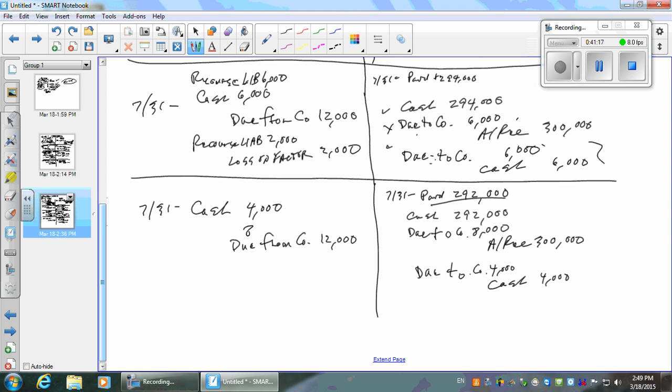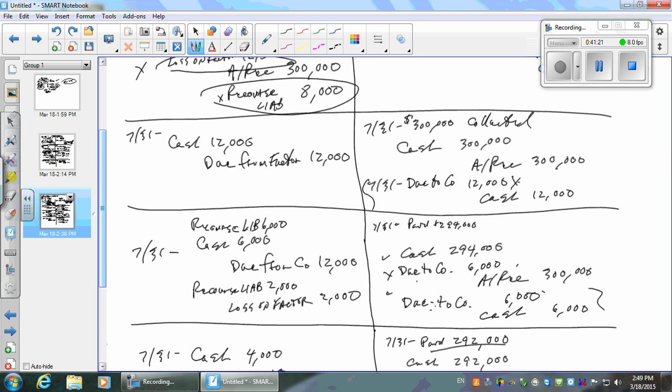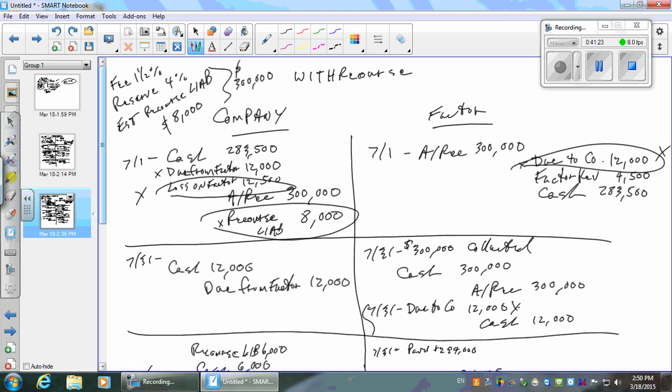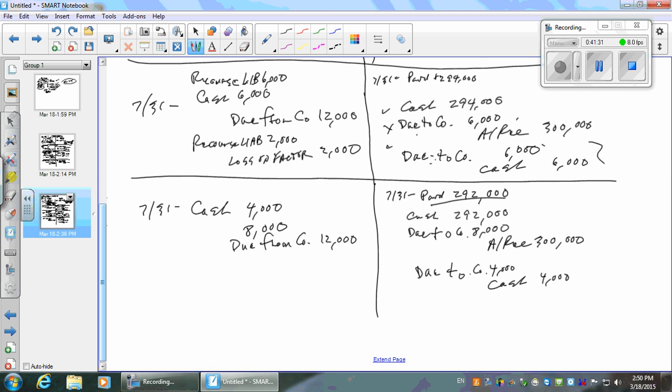I need 8,000 or something. What did I have for 8? Recourse liability. So it says 12 is going away and this 8 is going away. Really the difference was 4, obviously. So 8,000 recourse liability is gone. You just have to remember to get rid of your recourse liability and get rid of your due to, due from. You've got to pay.